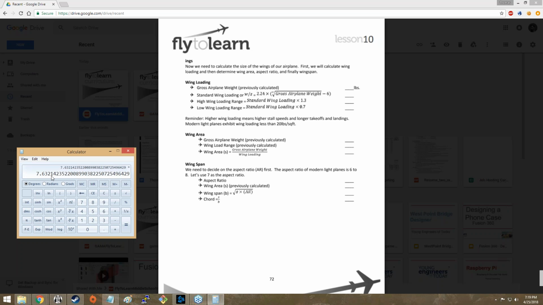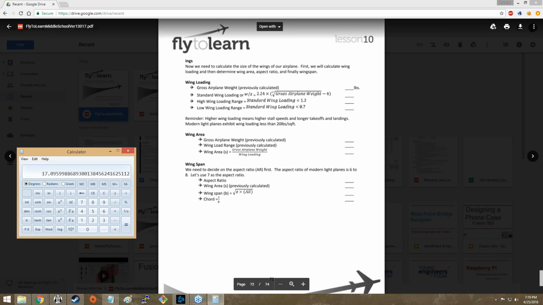Then we multiply it by 2.24, and we get 17.1. So our standard wing loading is 17.1 pounds per square foot of wing surface.